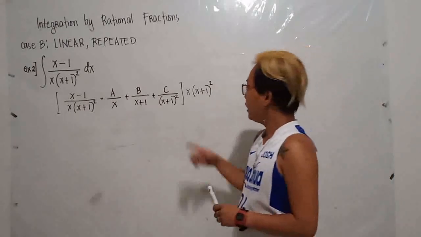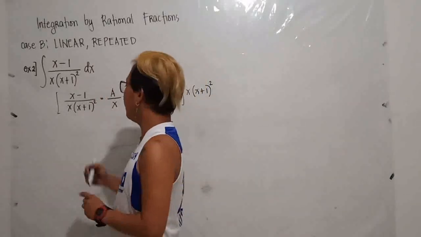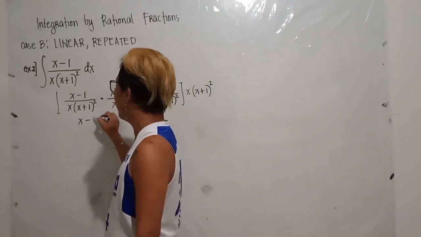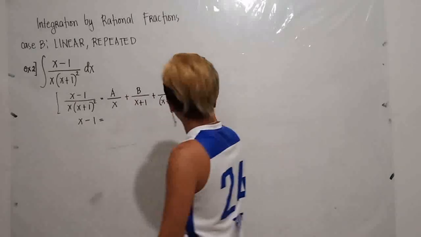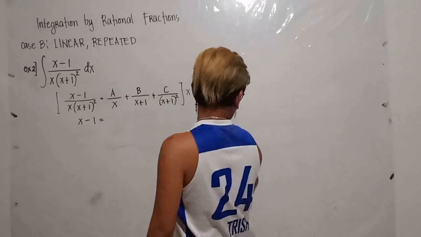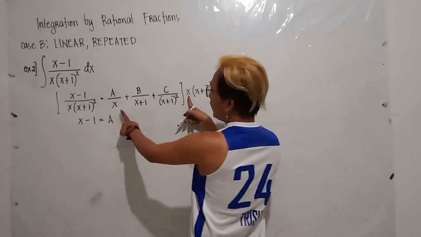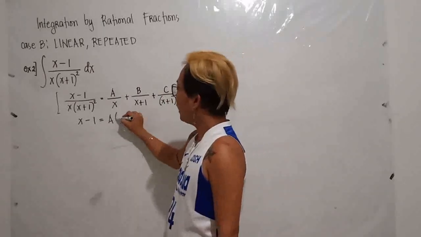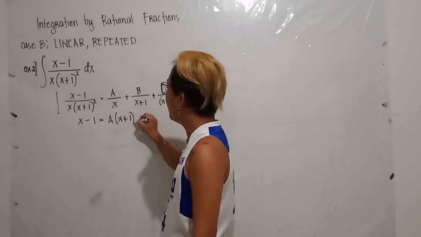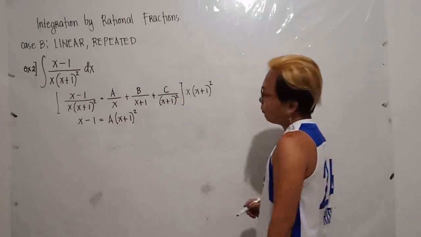So in this case, pag minultiply ito dito, magkakaroon tayo ng x minus 1. Then this term multiplied to this term, you will now have A, then maka-cancel si x. Ang matitira is x plus 1 squared.